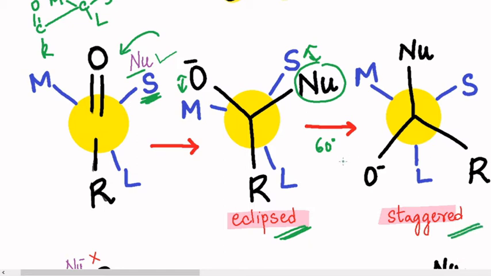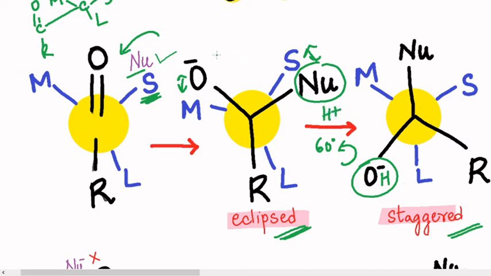We rotate the front carbon by 60 degrees in the anti-clockwise direction, and we have a nucleophile, O minus, and R. Later H plus will combine and this will be an OH group. So this is what it is. I hope you understood.